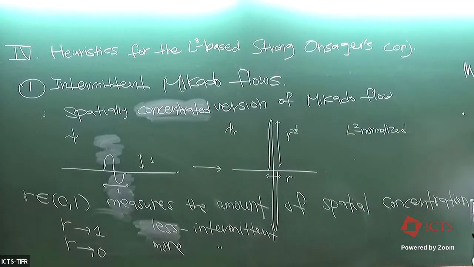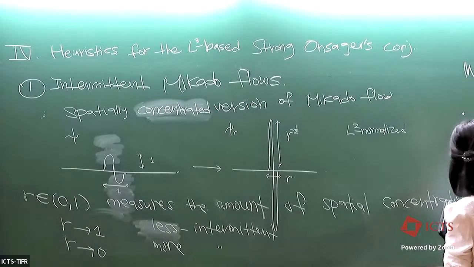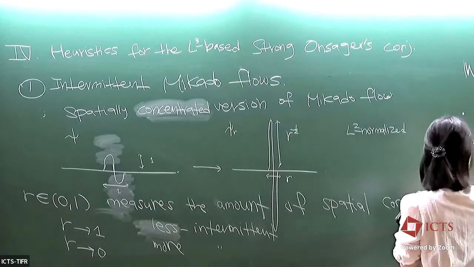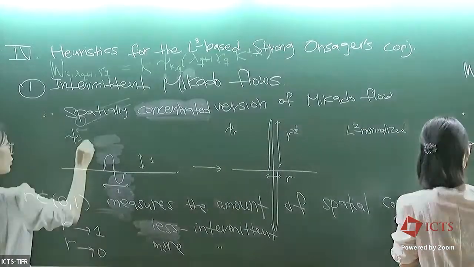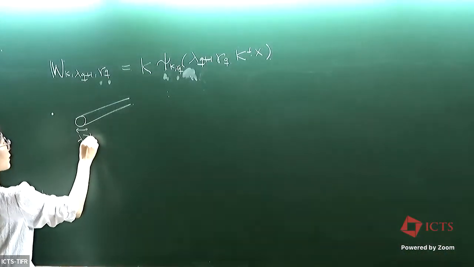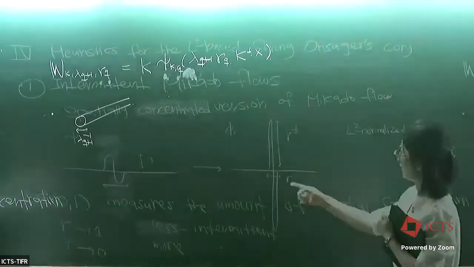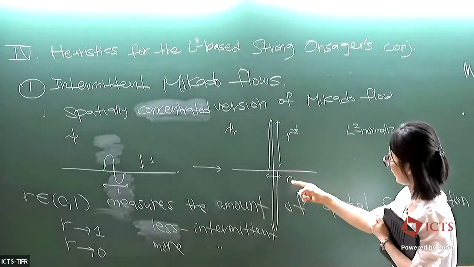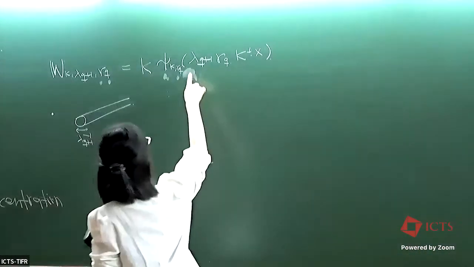Then you will see the thickness of the pipe is lambda Q plus 1 inverse, because originally it was RQ, and then you rescaled by this factor.